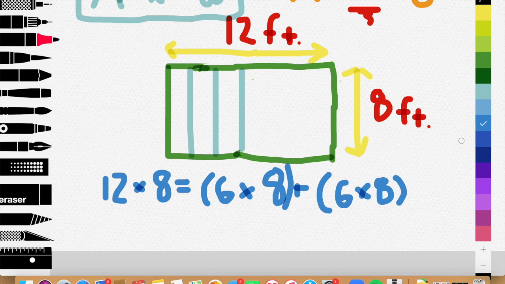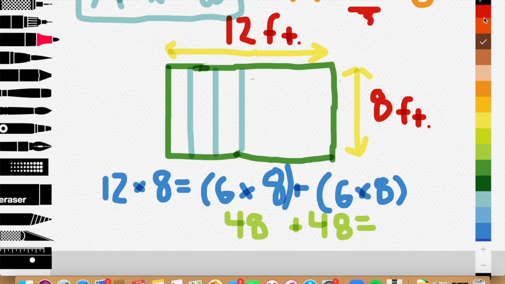All right, guys. The next step then is to multiply 6 times 8. 6 times 8 is 48. And if I double that, this is going to be 48 as well, so I can add those together. And I have 48 plus 48.